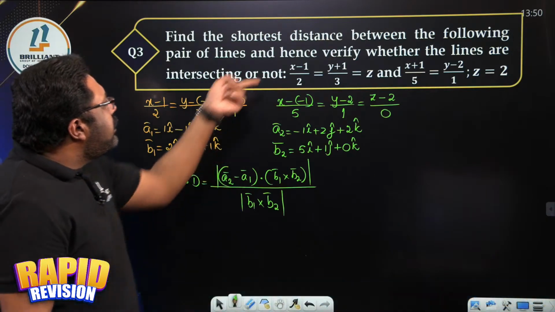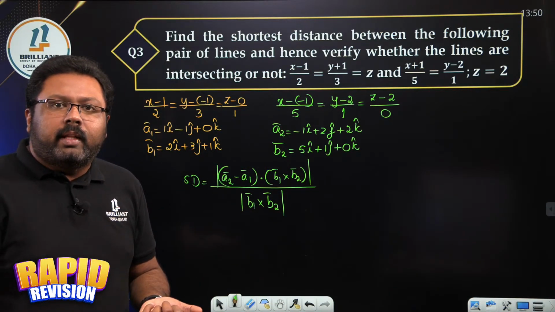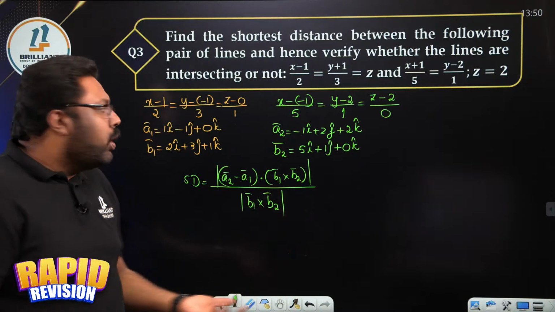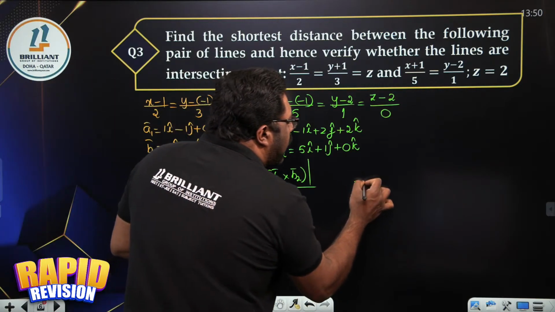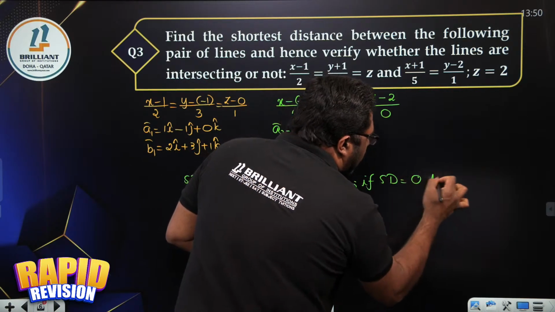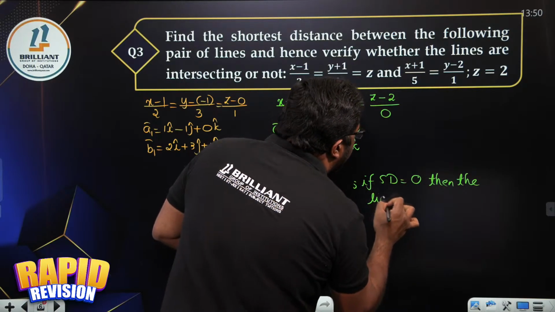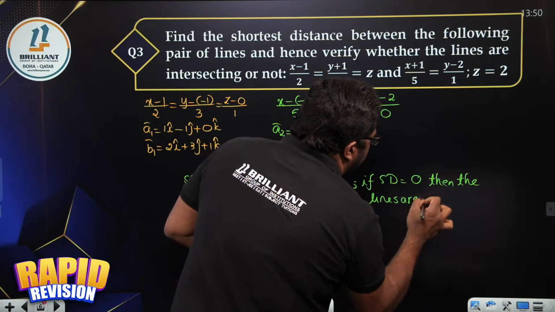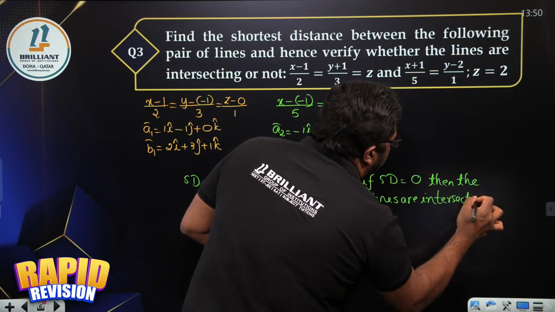If the shortest distance between the two lines is 0, we can conclude that the lines are intersecting. So I don't want to do this again and waste my time. I'm going to say here: if the shortest distance equals 0, then the lines are intersecting.